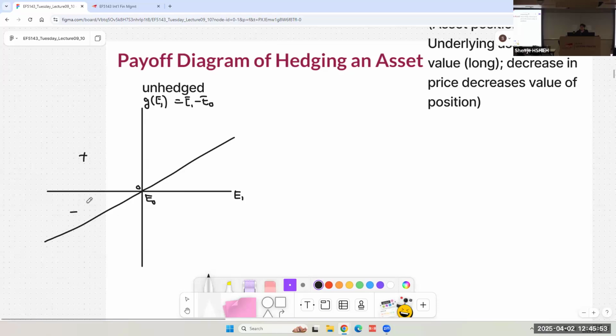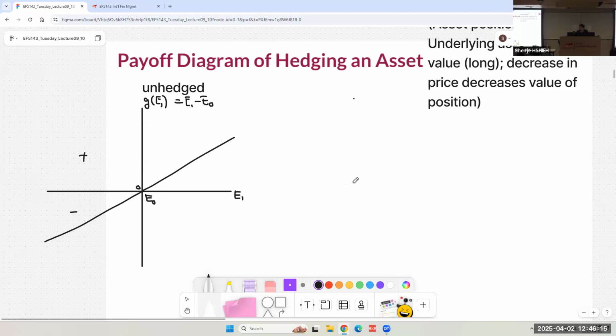So I want protection from here. I need something that cancels it out, perhaps in this quadrant here, right? And so my hedging position will most likely be gaining profits when E1 goes below E naught, right?